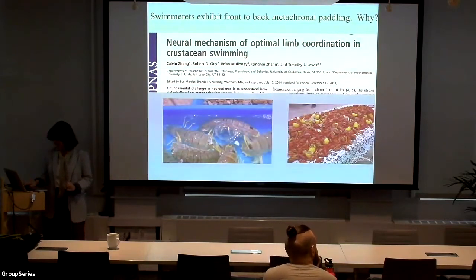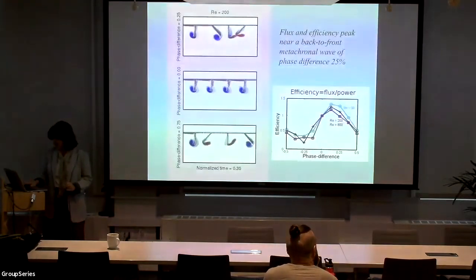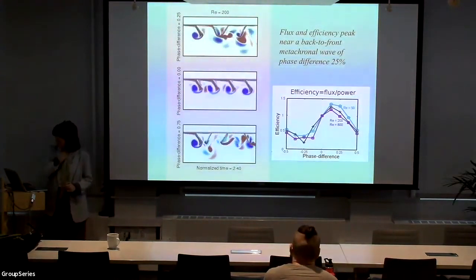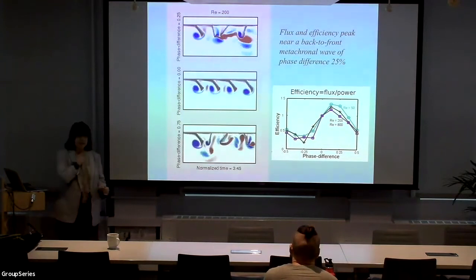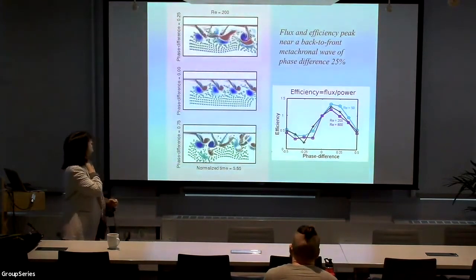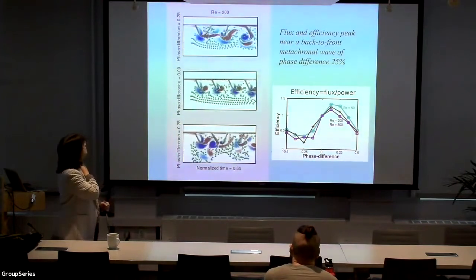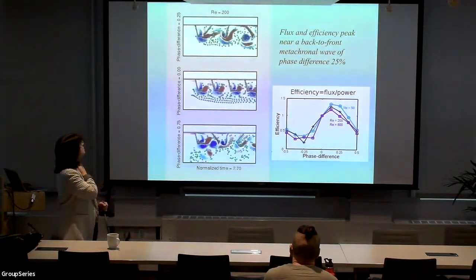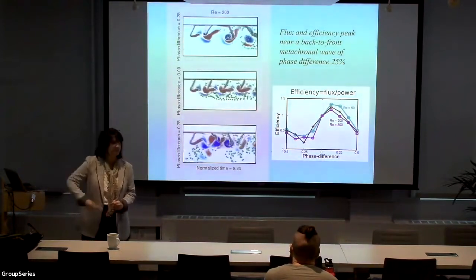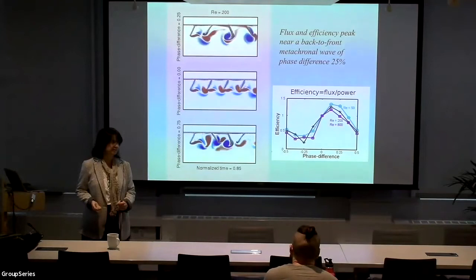Okay. So they did some very nice work where they didn't look to see what happens with metachrony, but they modeled the power and recovery stroke of these swimmerettes, where the swimmerettes don't just paddle back and forth. Are they really called swimmerettes? Each of these paddles is called a swimmerette.